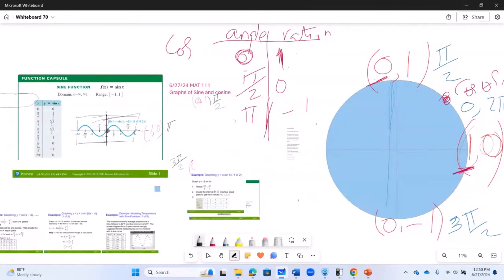So cosine of 270 degrees, remember we have 3 pi over 2. Cosine of this angle, let's look at it, is 0. We're doing some comparisons. And then cosine of 2 pi, 360 degrees, is 1 again.